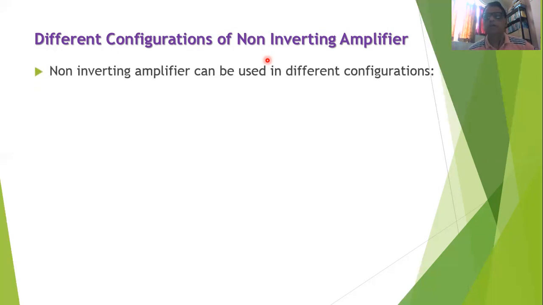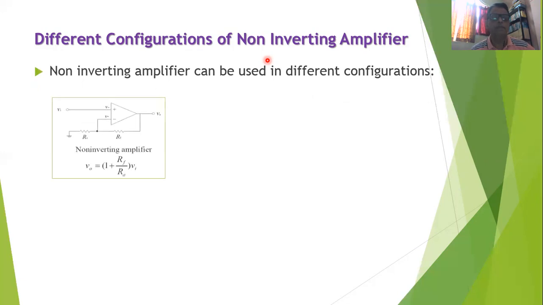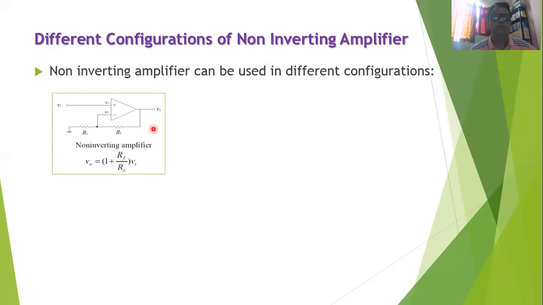These configurations are nothing but the different types of connections that can be made to the non-inverting amplifier. Say for example, this is the most popular connection of the non-inverting amplifier, where the output voltage can be written as Vo is equal to 1 plus Rf divided by Ra into Vi.